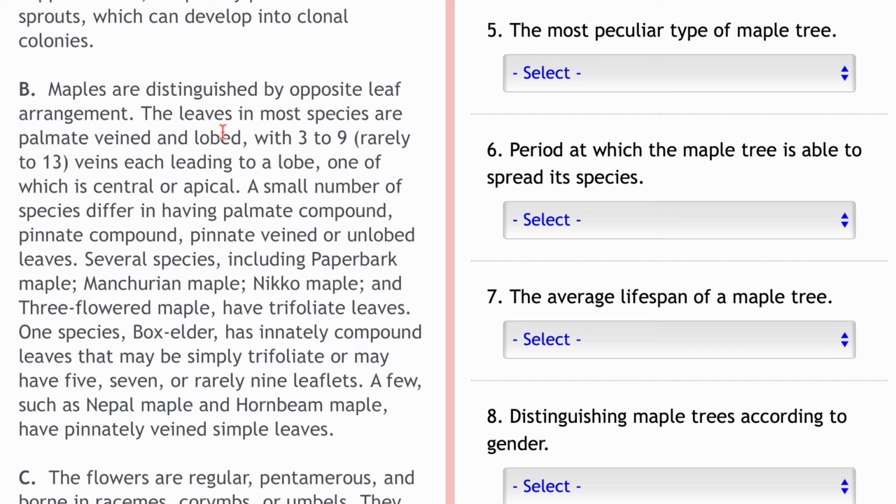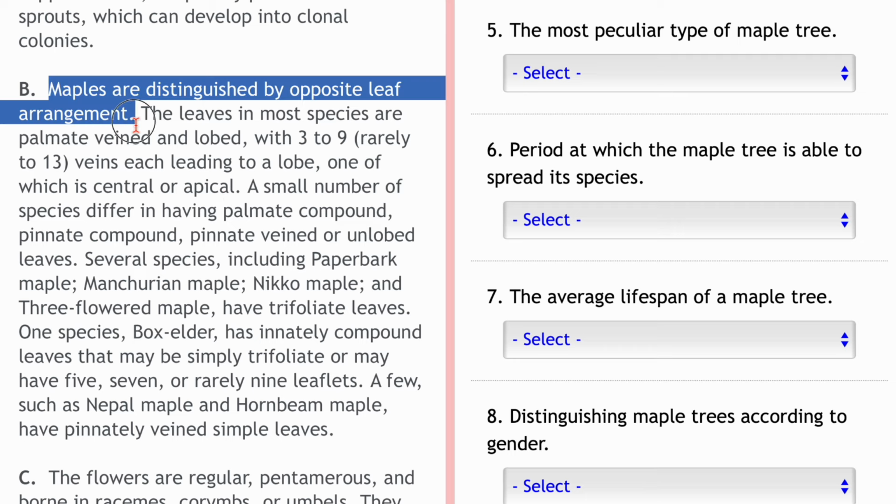Maples are distinguished by opposite leaf arrangement. The leaves in most species are palmate, veined, and lobed, with 3 to 9, rarely up to 13 veins, each leading to a lobe, one of which is central or apical. Now, I do see here it says maples are distinguished by opposite leaf arrangement.